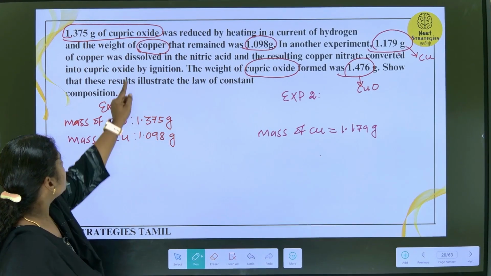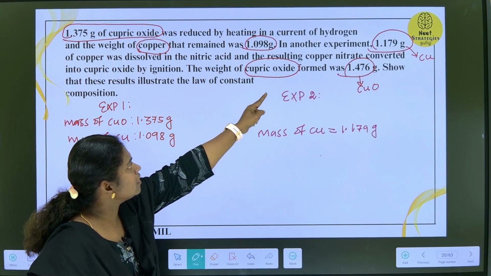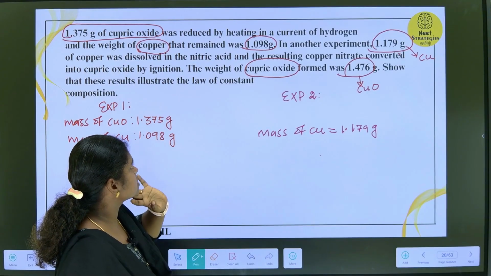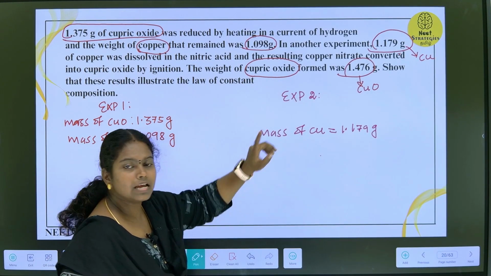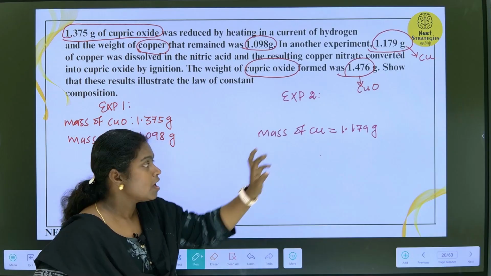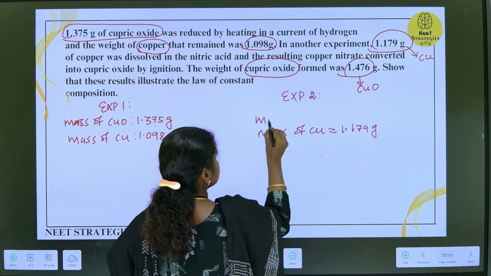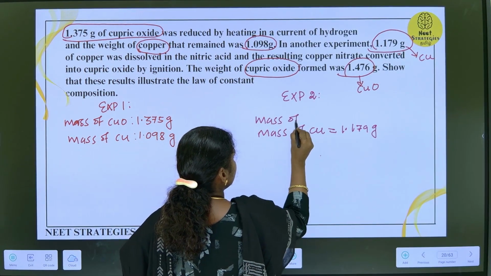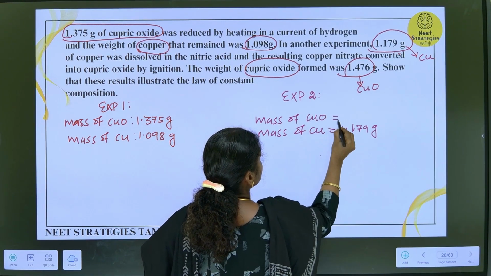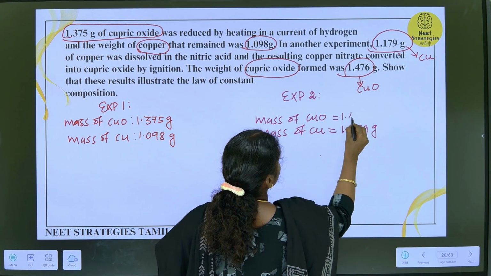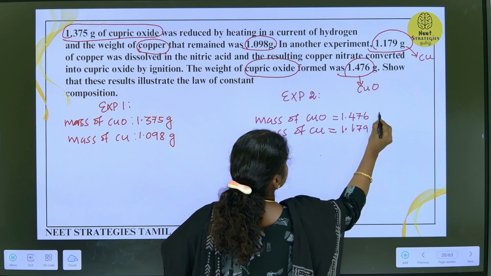Okay, so then was dissolved in the nitric acid, resulting copper nitrate was converted into copper oxide, so cupric oxide. So இந்த இடத்துல என்ன கொடுத்திருக்காங்க? Cupric oxide, அப்ப mass of copper oxide எவ்வளவு கொடுத்திருக்காங்க? It is 1.476 gram.